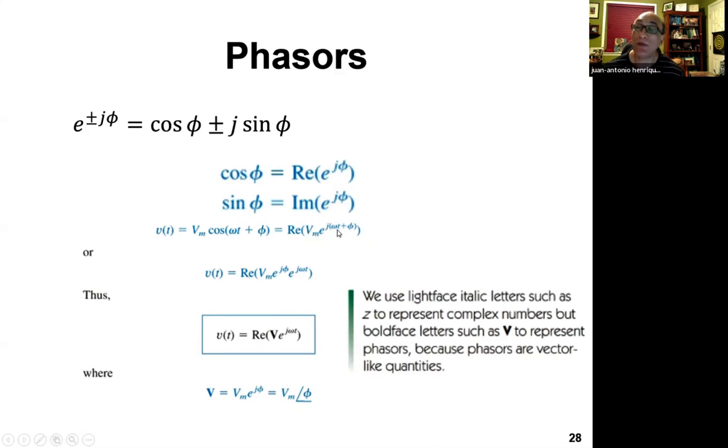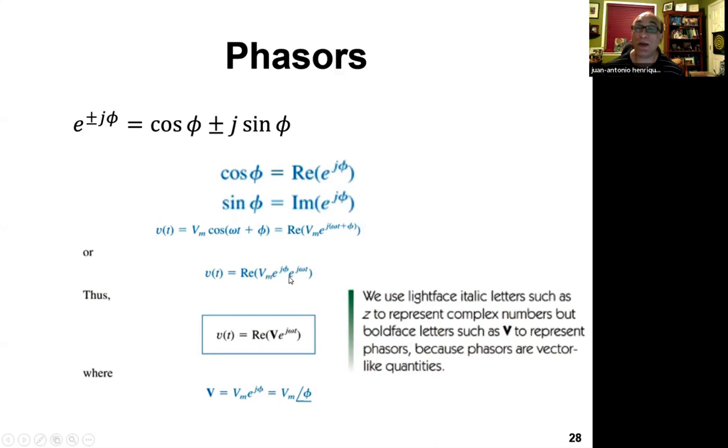Now, this expression here, if you look at this exponent, omega t plus phi, this addition is the same as multiplying two exponentials, right? So we can expand this as the product of two exponentials.